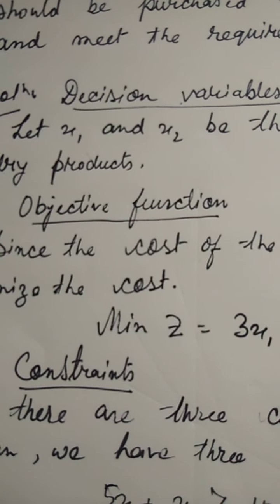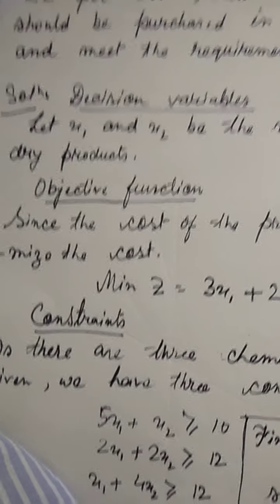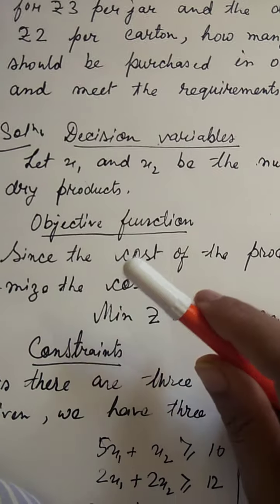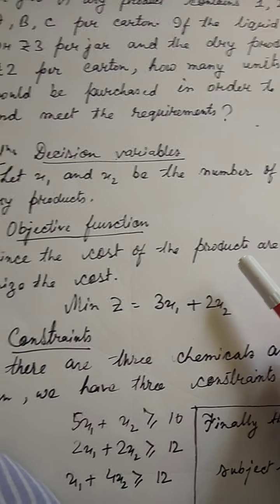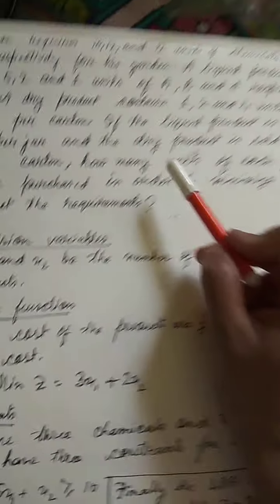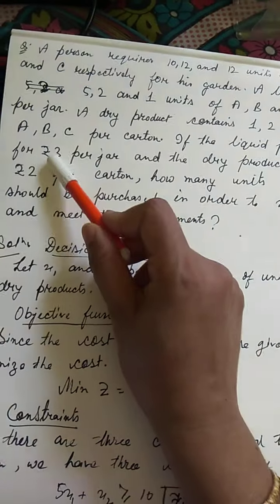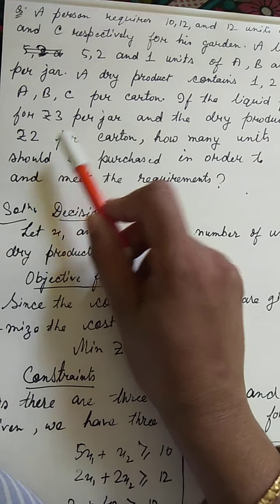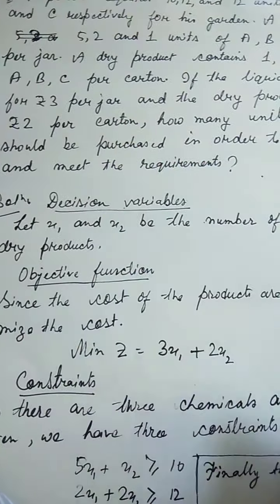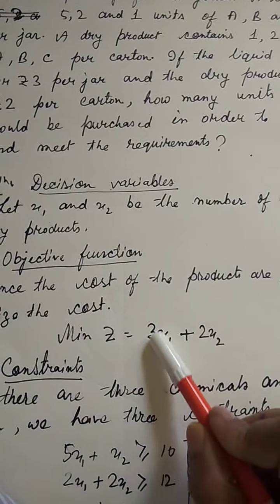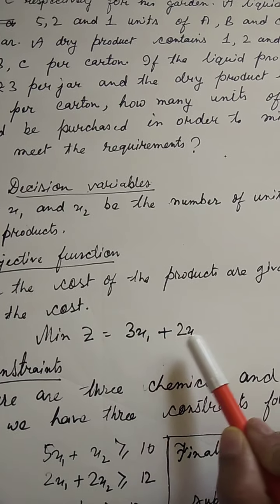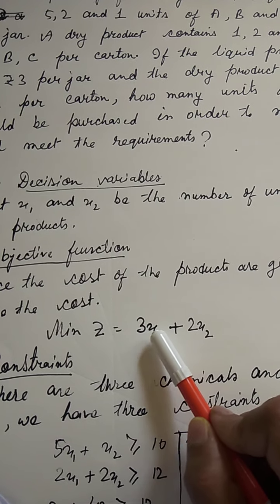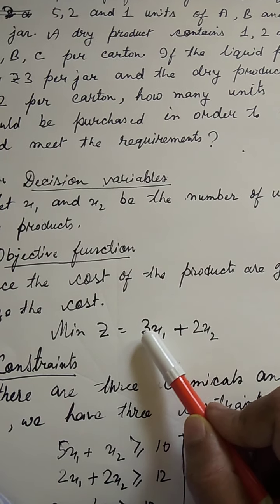So, what will be our objective function? Our objective function would be to minimize the cost of buying the product. So, what will be the cost for the person if he plans to buy the liquid products? It is given as rupees 3 per jar for the liquid one, and the dry product is rupees 2 per carton, that means per unit we can say. So, we are considering x1 and x2 units of liquid and dry products, and per unit of x1 has a price of 3.